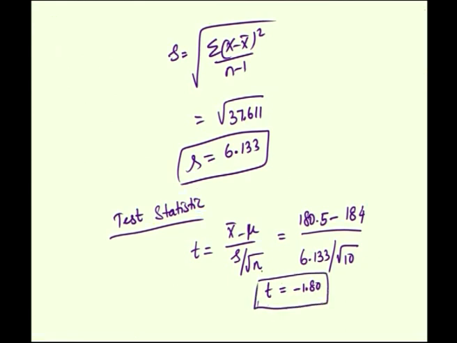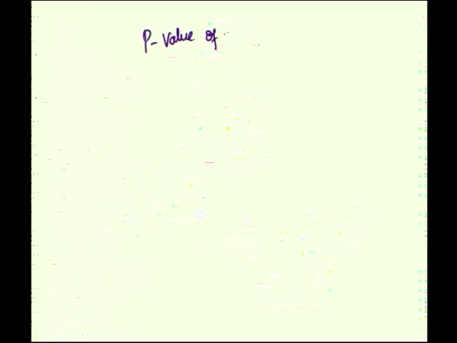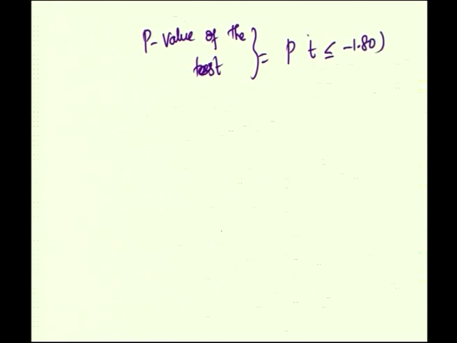Okay. So, the p value of the test is p of t less than or equal to minus 1.8, which is also equal to 1 minus p of t less than or equal to 1.8.